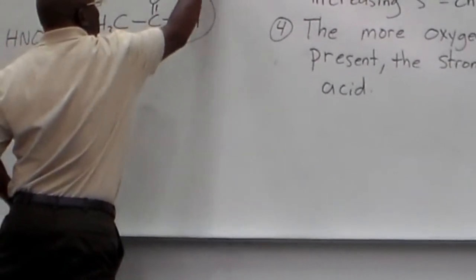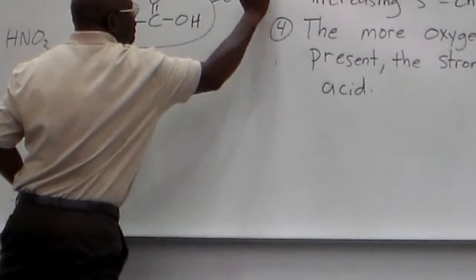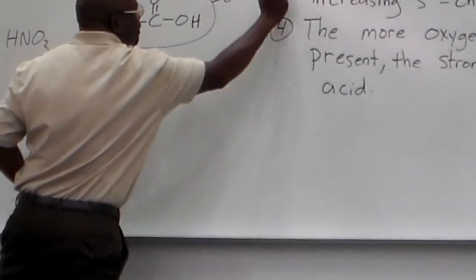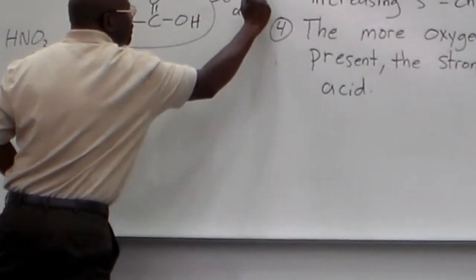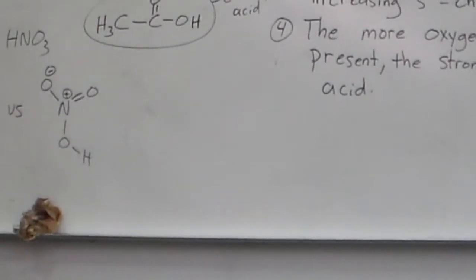This is the alcohol. This is a carboxylic acid. We didn't talk about the functional groups yet. But you're probably thinking we're already done, and there's still one more little rule left.